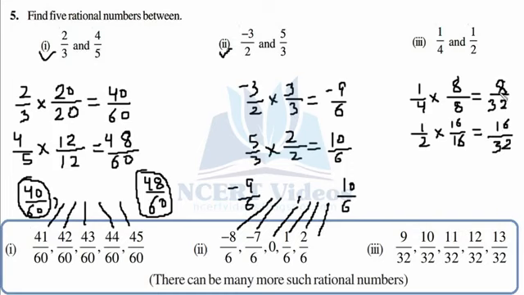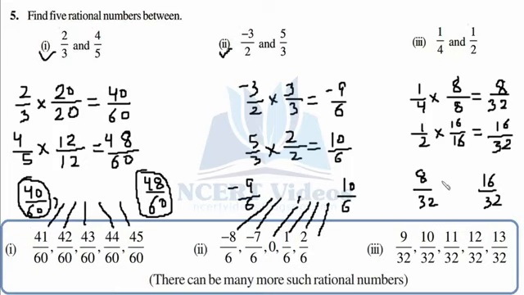And you know very well, 8 over 32 will be smaller than 16 over 32. Why? Because here we are taking 8 parts only, and here we are taking 16 parts out of 32.